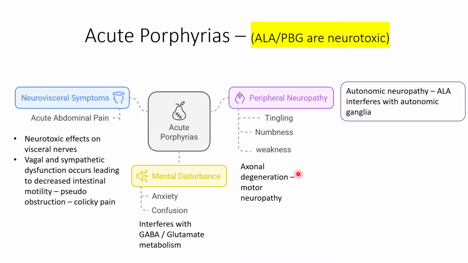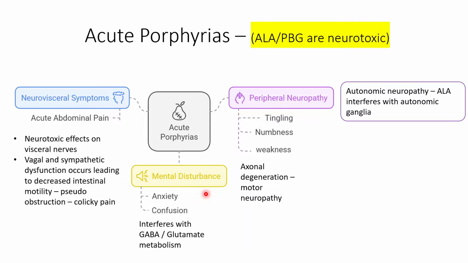It also affects the autonomic nervous system. How does it affect? Because ALA interferes with the autonomic ganglia, and this results in nausea, vomiting, tachycardia, and other autonomic dysfunctions. Also, a few psychiatric symptoms are seen, for example from anxiety to confusion to hallucination.